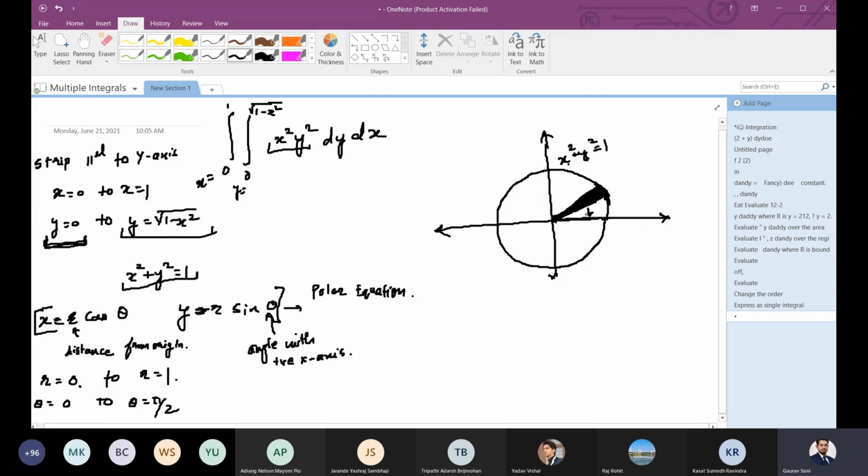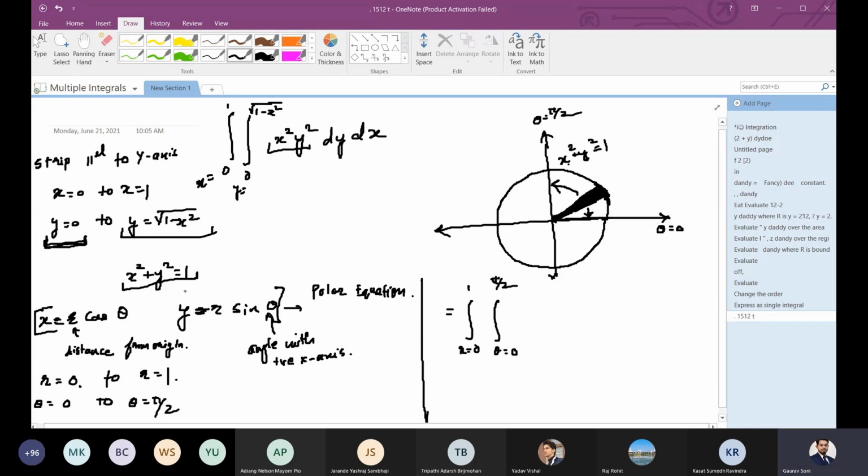This strip is going to move like this in the anti-clockwise direction, and we can see that at this line theta is 0 and at this line theta is pi by 2. We have studied well enough in tracing of polar curves that the x-axis is theta equal to 0 and the y-axis is theta equal to pi by 2. So we have changed the limits. r is running from 0 to 1, theta is running from 0 to pi by 2.